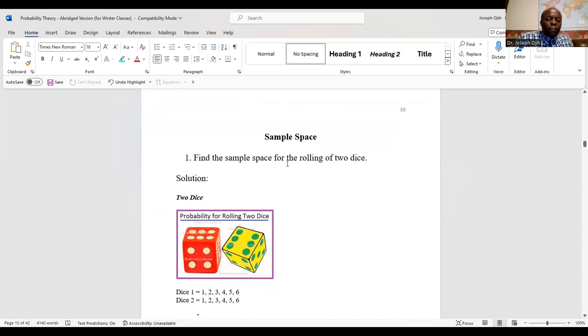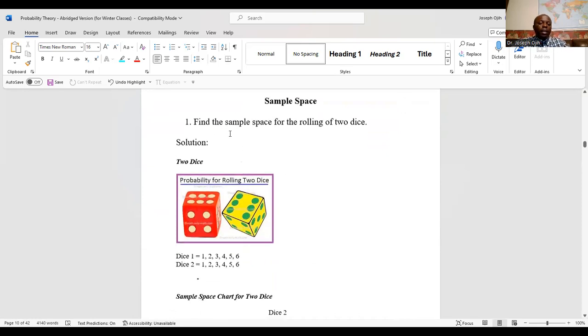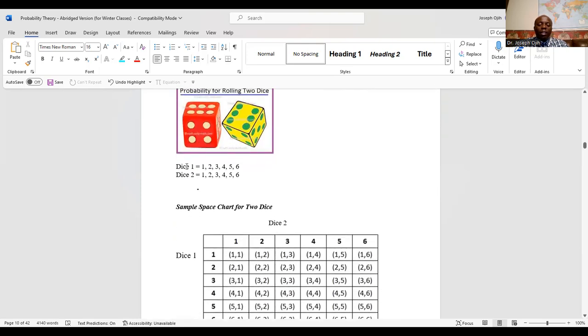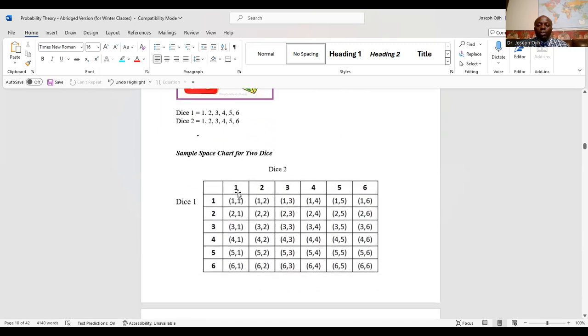The first question says, find the sample space for the rolling of 2 dice. In that case, 2 dice were rolled. The first dice has sides 1 through 6, and the second dice also has sides 1 through 6. So let's see the sample space here.